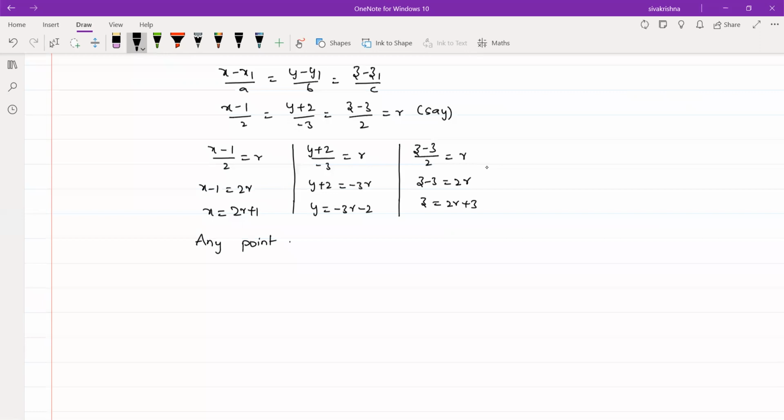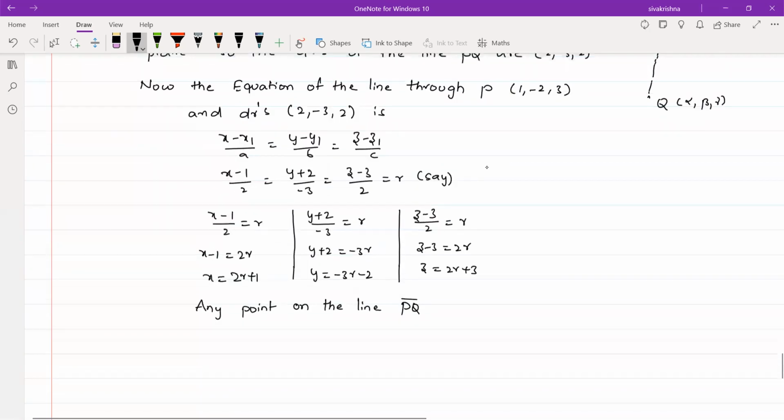So any point on the line PQ, and I am treating that particular point as Q. Okay, so any point on the line PQ, and I am naming that point as Q, is equal to 2r plus 1 comma minus 3r minus 2 comma 2r plus 3.